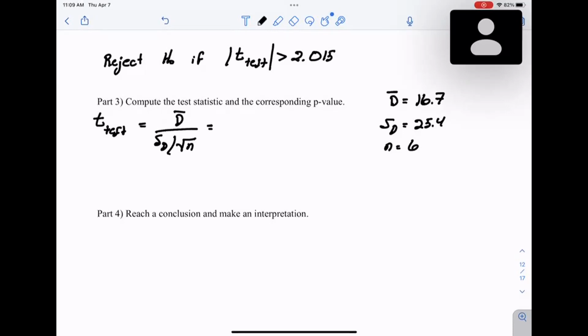D bar is 16.7. SD is 25.4. And N is 6. Someone besides Randall, tell me what you get. So 2 decimal places. Yes, correct.